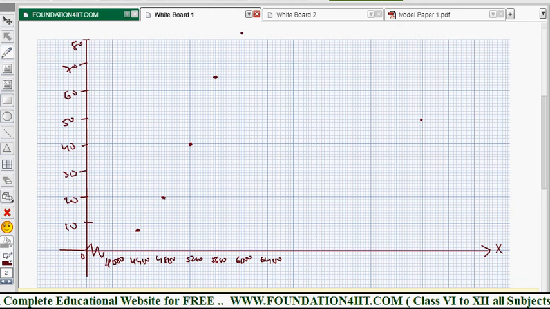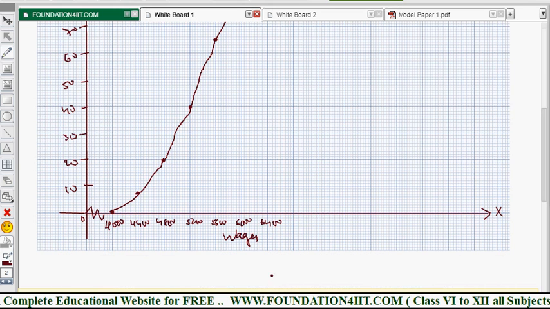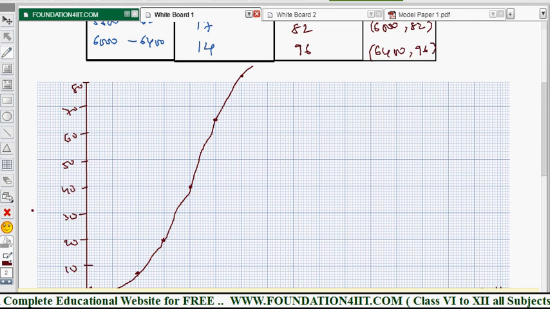Just extend the values. If you join these points, starting from 4000 comma 0, join with a free hand. The x-axis is the wages in rupees, and the y-axis is the number of workers.